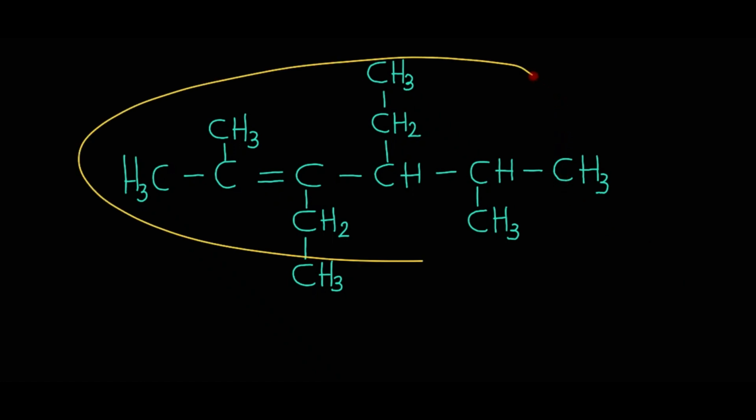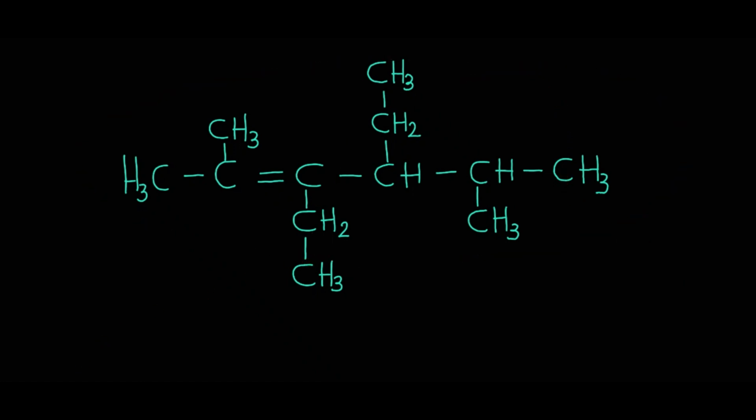So now let's see this one. It's complicated, but if we follow the rules, it will be simple. First, identify the longest chain. Counting from left to right, this is 1, 2, 3, 4, 5, 6. And then this one: 1, 2, 3, 4, 5, 6. The longest chain has 6 carbons.